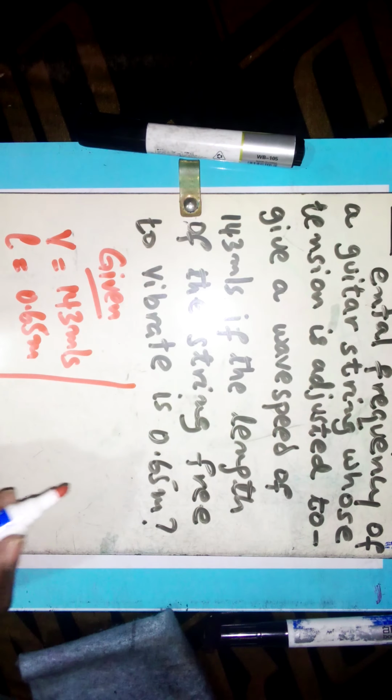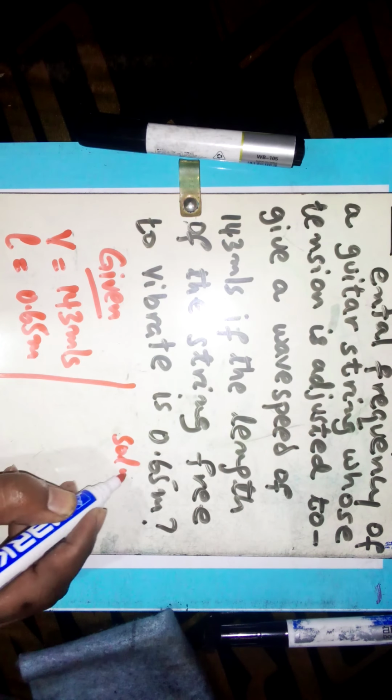What have we been given? We've been given the speed V, 143 meters per second, and also the length of the string, 0.65 meter. We've been required to calculate the fundamental frequency.